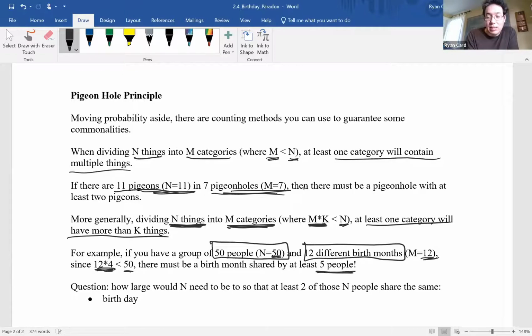5, because that's one more than the 4. Right? Because if there was no month that was shared by 5 or more, then the maximum you can have in common is 4 people, and 4 people among 12 different months is only 48.